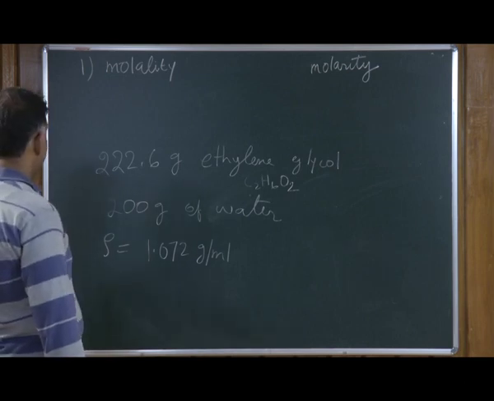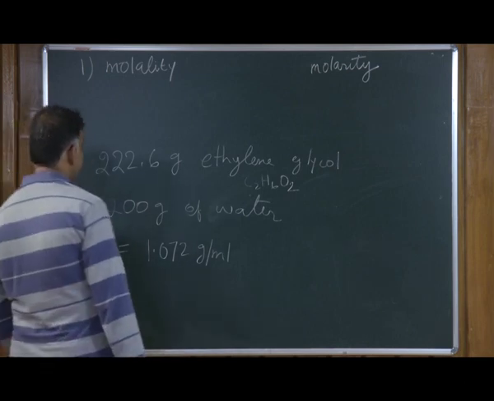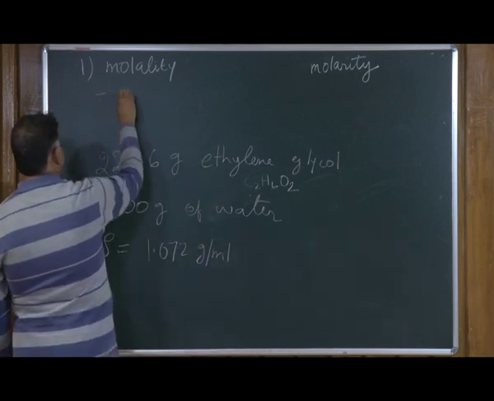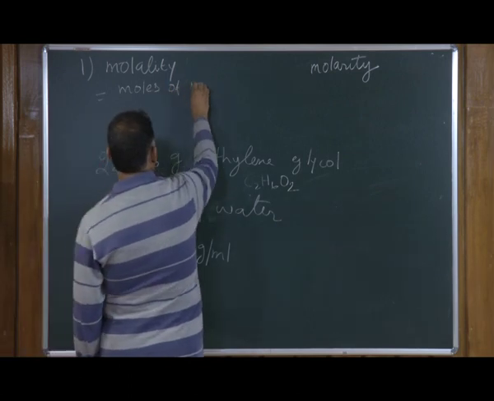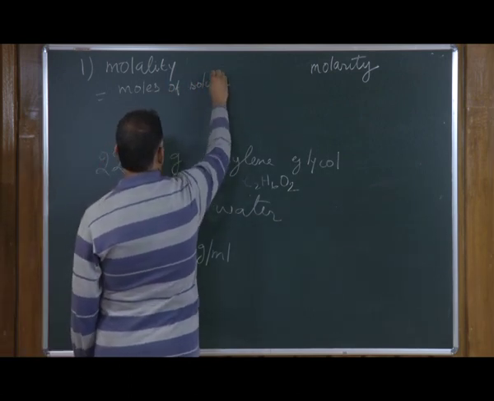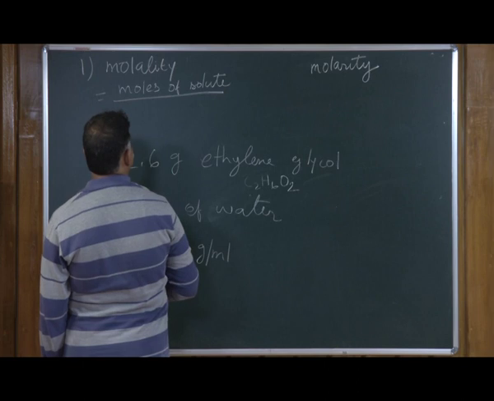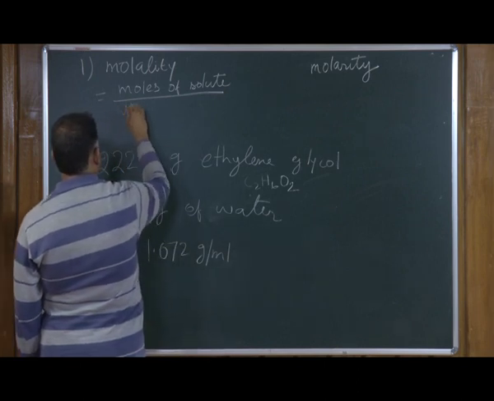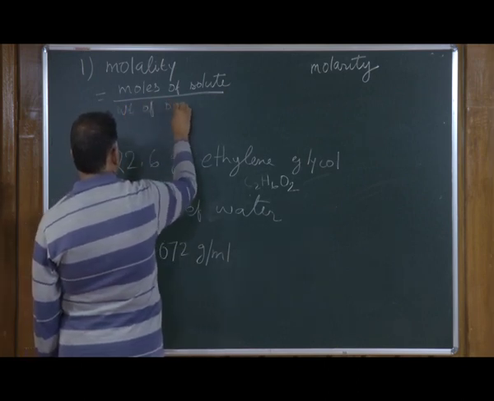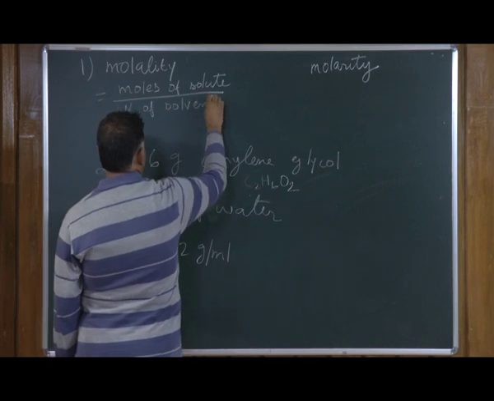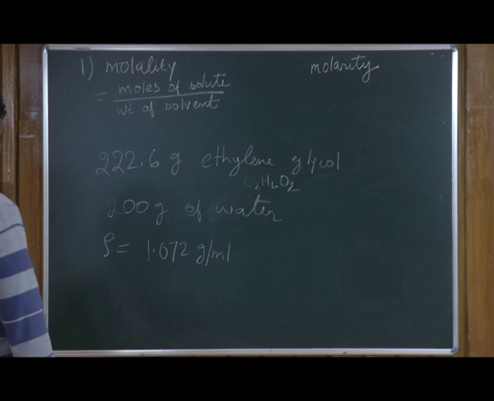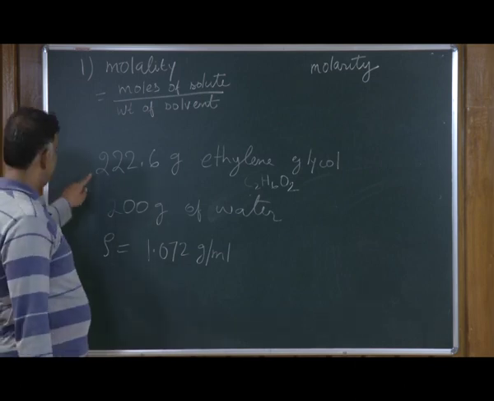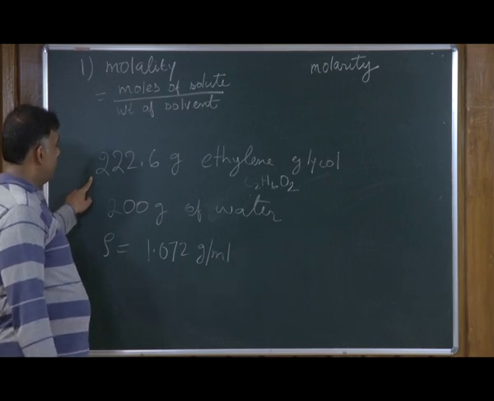Okay. Let us first try to calculate molality. Molality is defined as moles of solute divided by weight of solvent in kg. All right. So, first we need to calculate the moles of solute. We are given weight of solute.